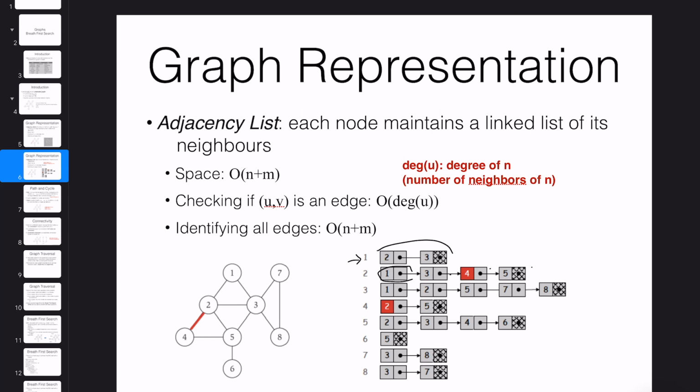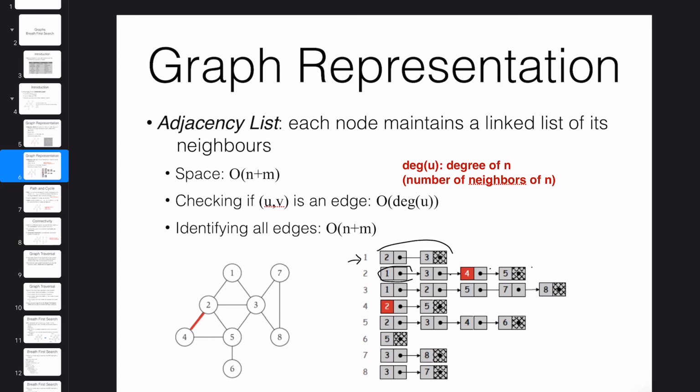So if you have m edges, in total you are going to keep 2 multiplied by m nodes in all of your linked lists. This is not going to depend on n to the power 2. It just depends on m, and if your graph is sparse, the adjacency list is going to be a better representation, because it takes much less space.